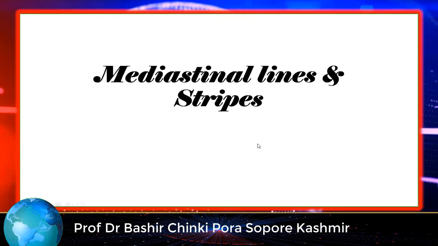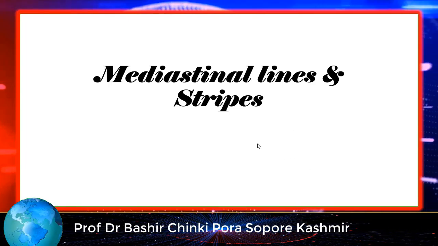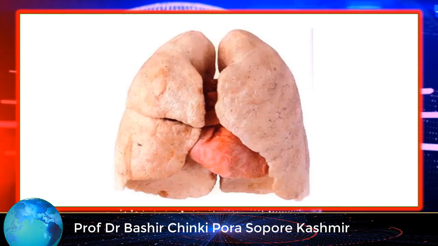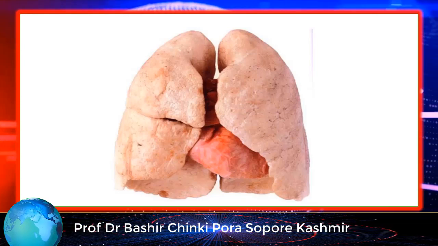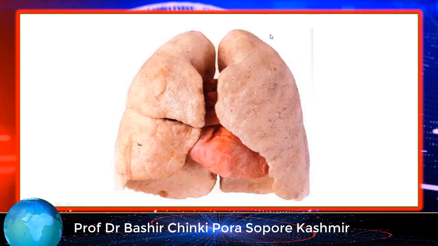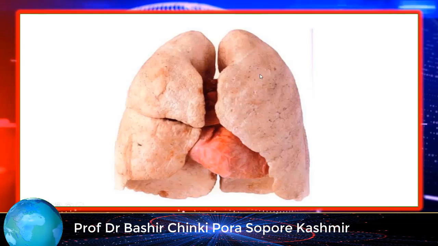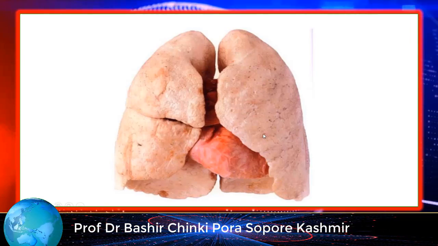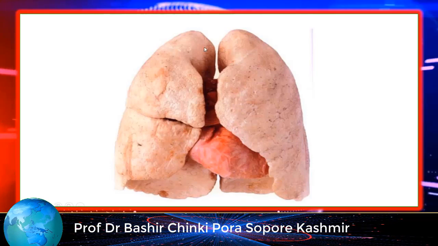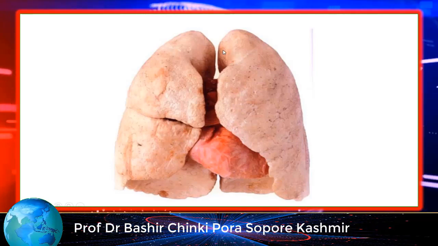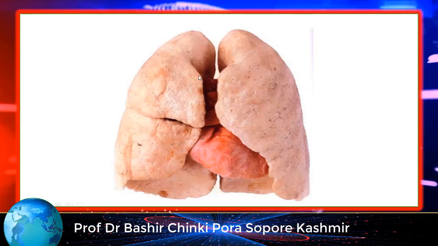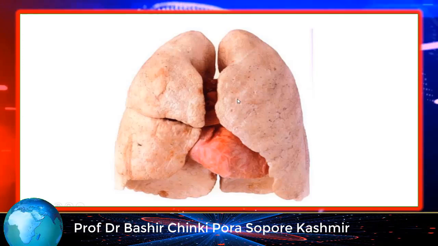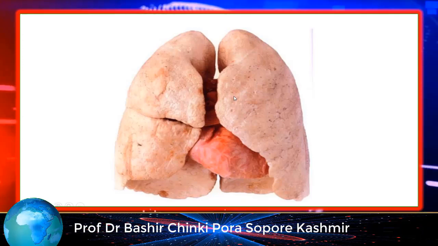Let me talk about the mediastinal lines and strips. Before I talk about them, you can see here this is the image of the lung. This portion is the posterior part of the upper lobe, and this portion is the anterior part of the upper lobe.